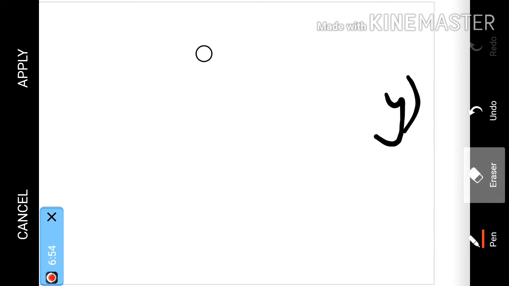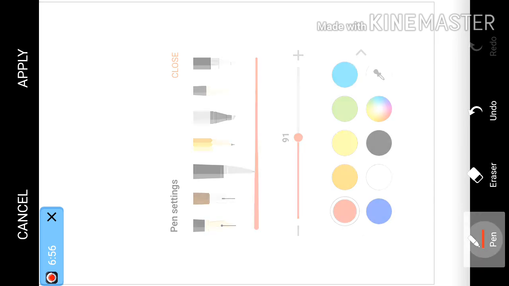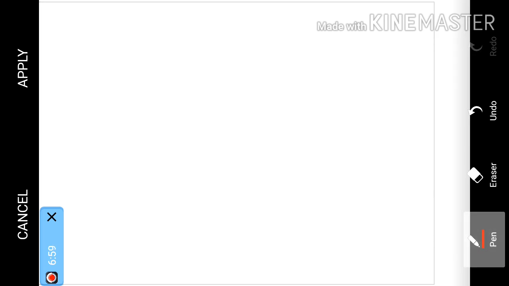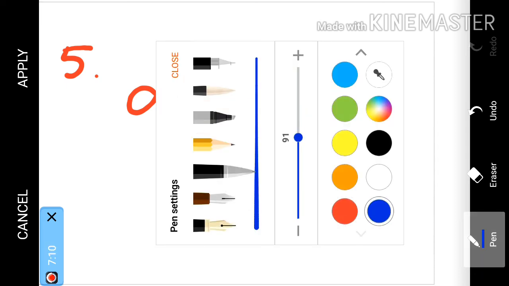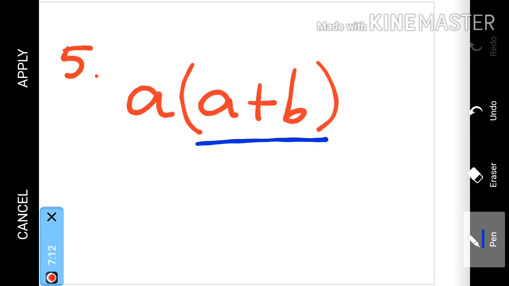The fifth sum, a into a plus b. Now if you go to see, this is a binomial. There are two terms, a and b, and there's an addition sign in between, so it becomes a binomial. This is a monomial all by itself.